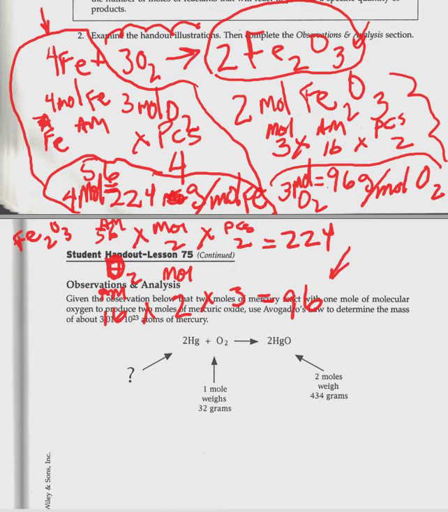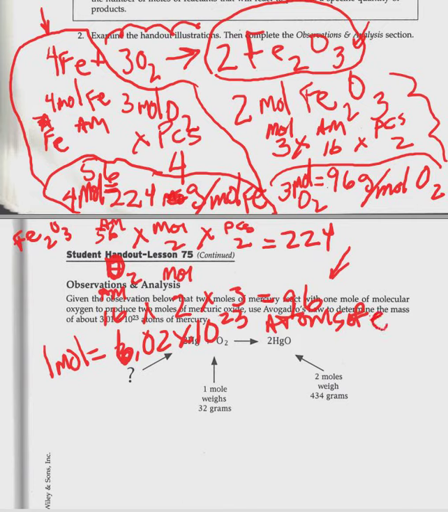One other thing is that 1 mole equals 6.02 times 10 to the 23rd atoms of an element.